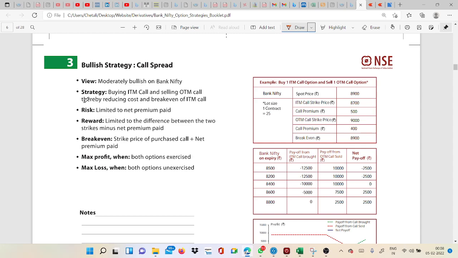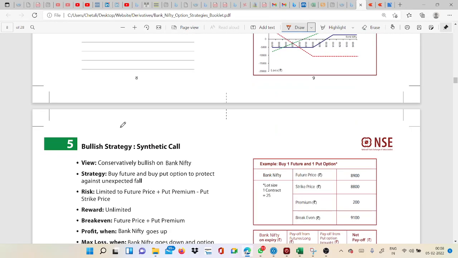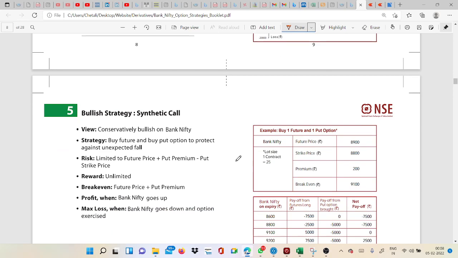So these are the strategies, but yes, you can read this document. There are a few technical terms, or if you are an enthusiast to do the trading, you can do that. Buy one future, buy one put.